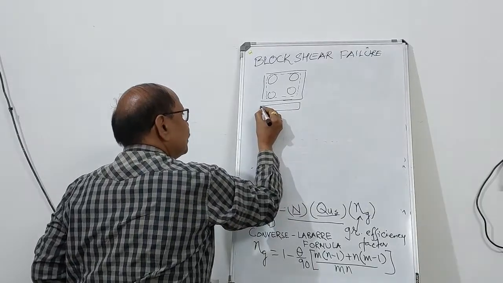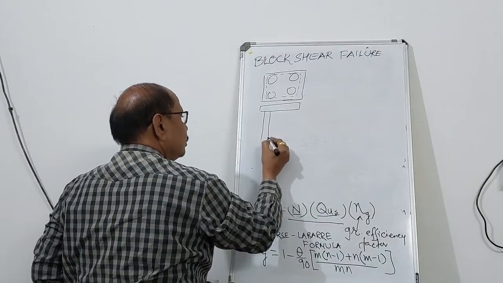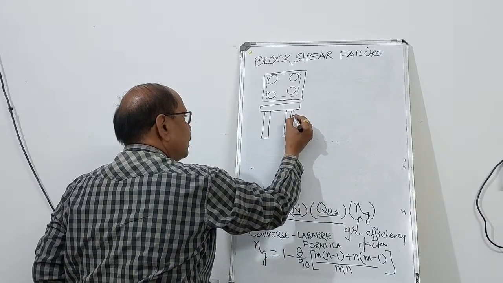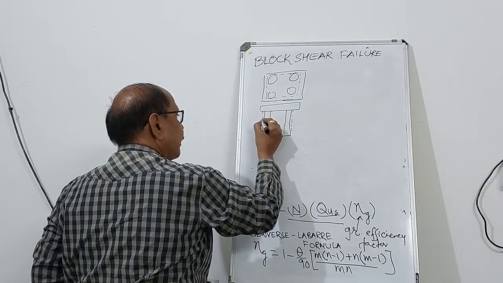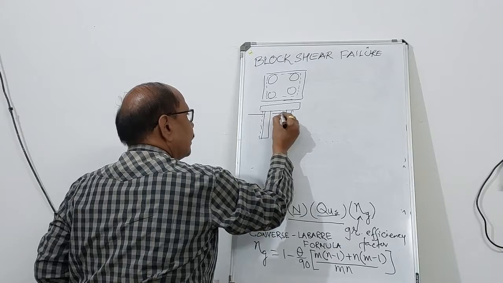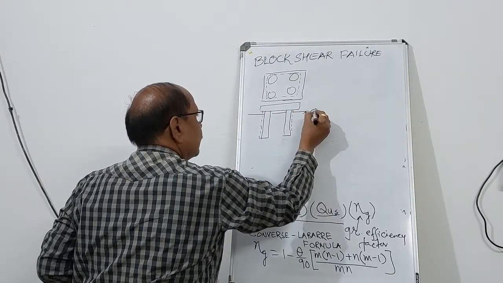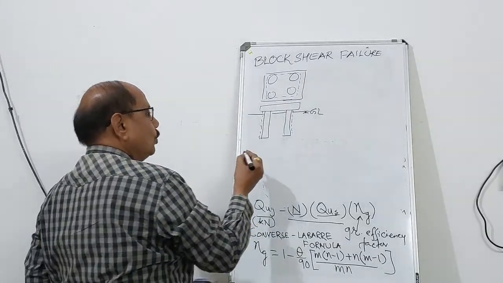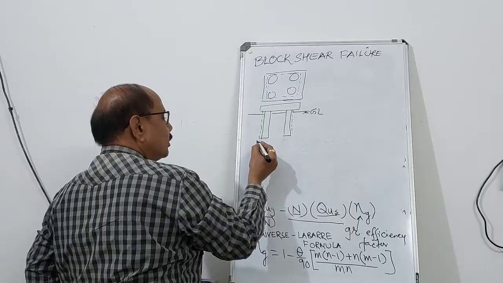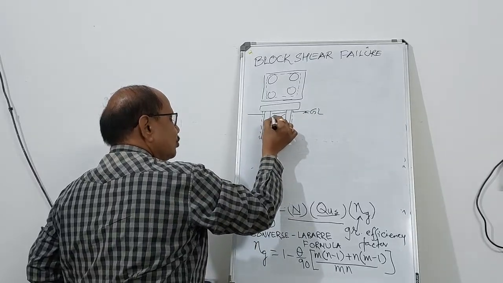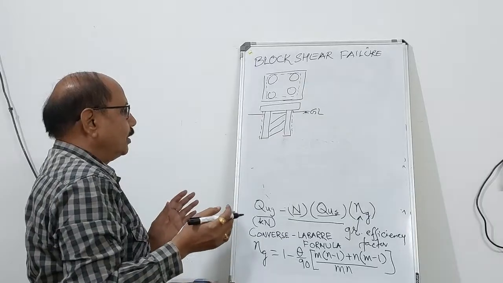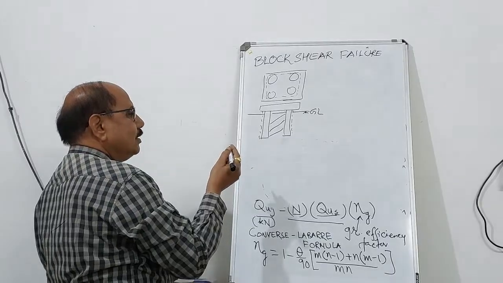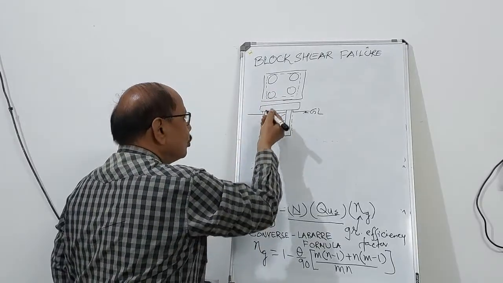That means if you take the sectional view, this is the pile, the shear line will get developed on the periphery. So it will get developed here only on the periphery. So based on group shear failure or block shear failure, here the soil is going to be part of this pile group. So this is going to fail in block shear or group shear like this.